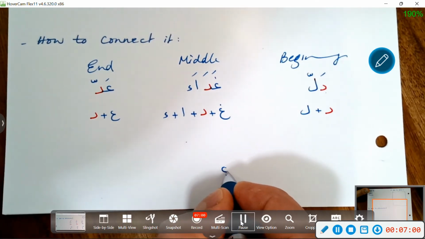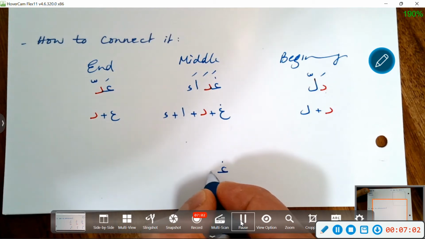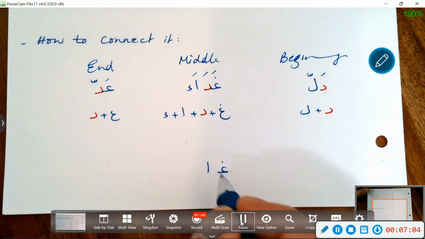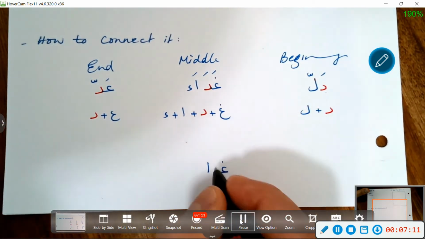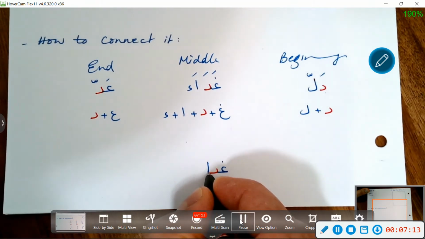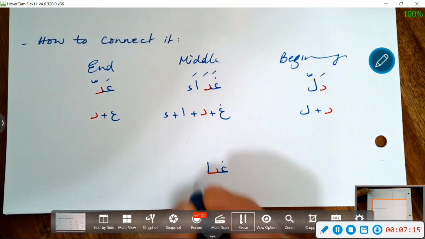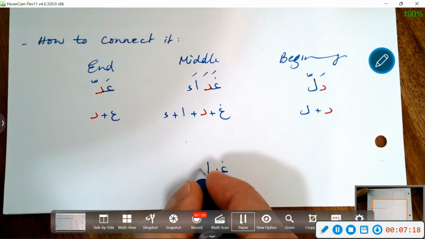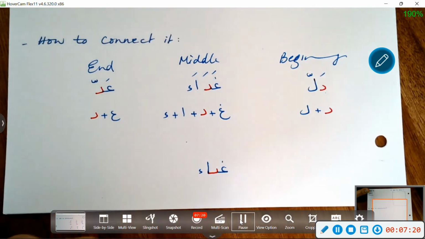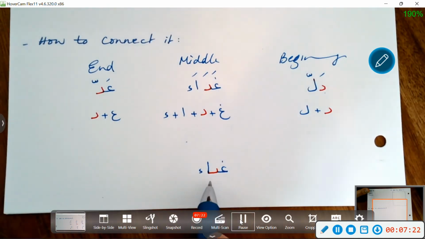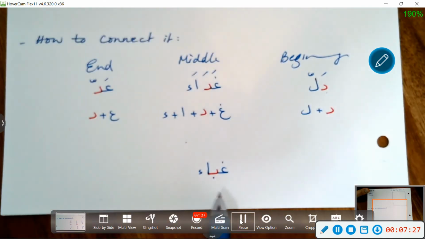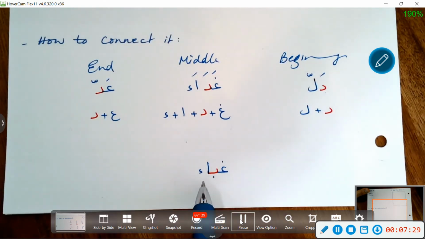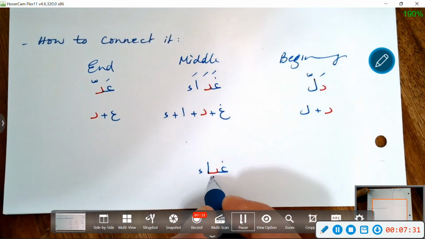If we connect Daal to alif, this is the Daal, and we connect it to the next letter, and we write it like this, the next letter being the alif. Now this will look like either ba, and it's going to be read as ghabaa, or ya, or ta.